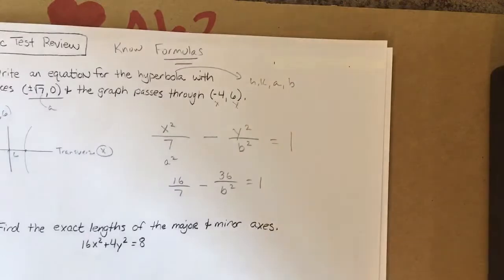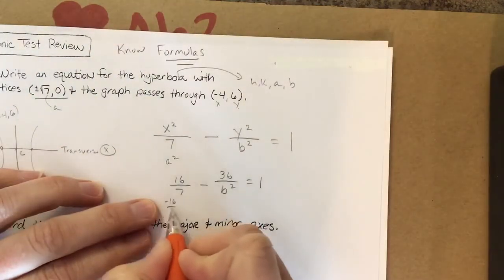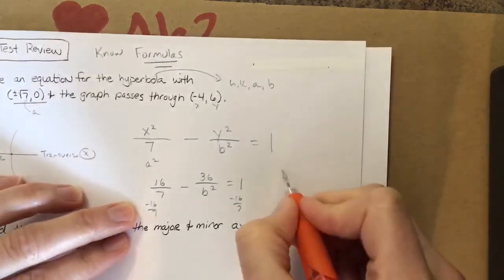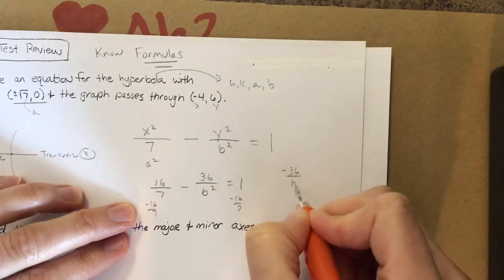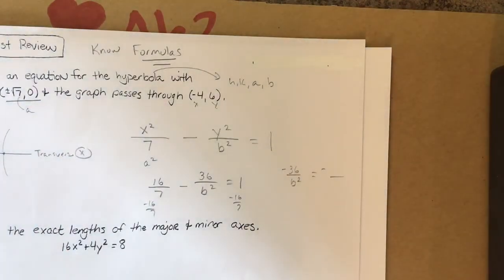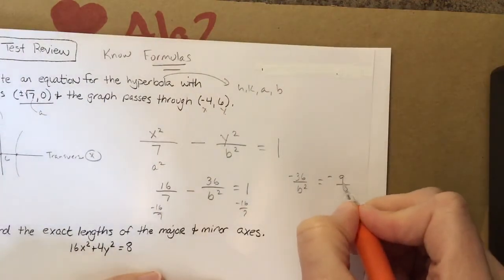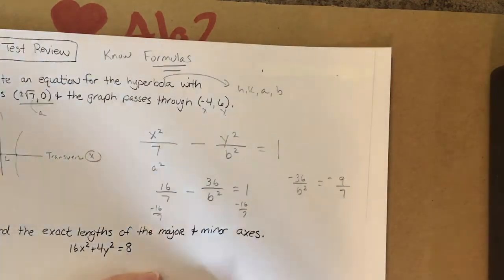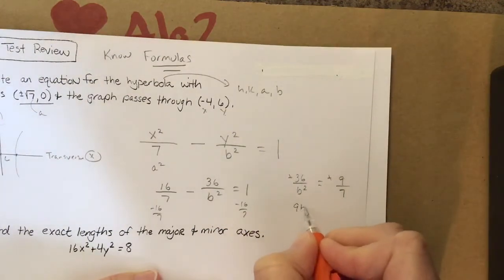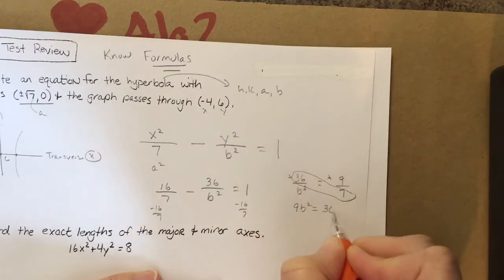All right, let's solve this for b squared. I'm going to subtract 16 sevenths. So that's 7 sevenths minus 16 sevenths. That's negative how many sevenths? 9. Negatives will cancel out. Cross multiply. 9b squared equals 36 times 7.